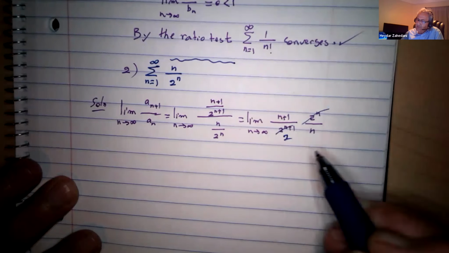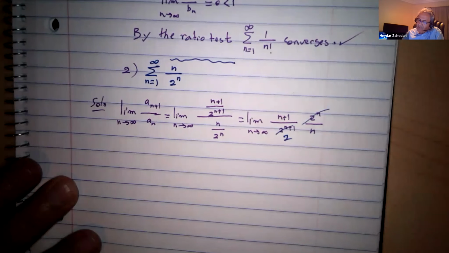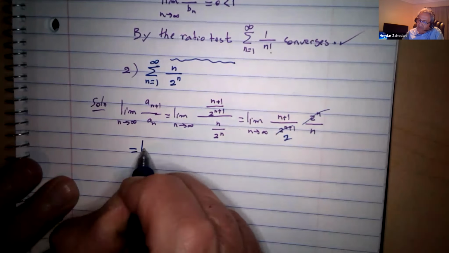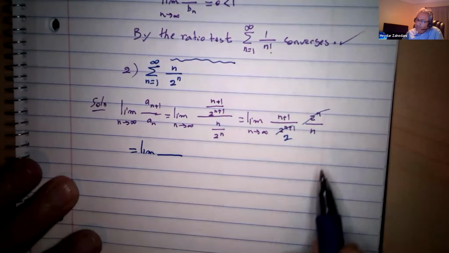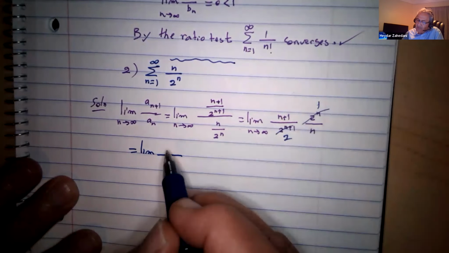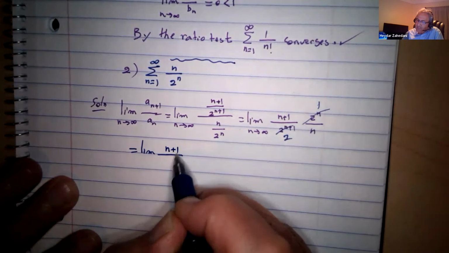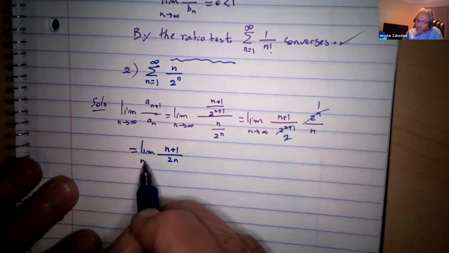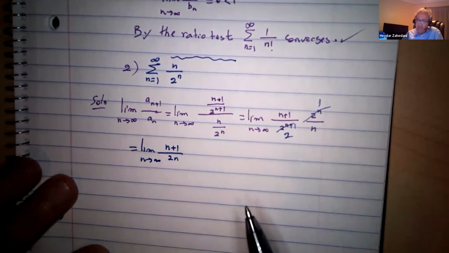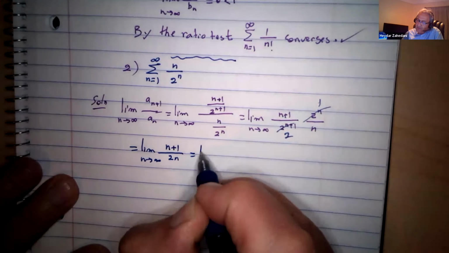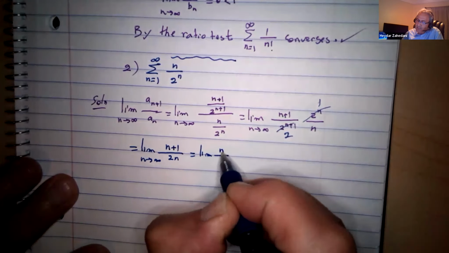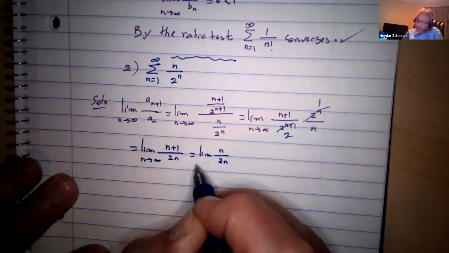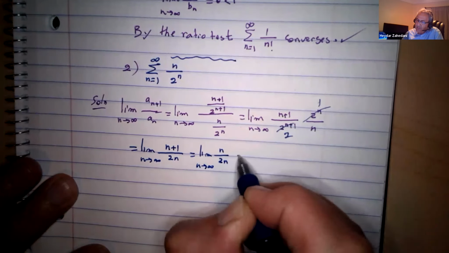So the leftover here is going to be 2. So this is going to be the limit of, on the top, you get 1 times n plus 1, and you get 2 times n, which is 2n, as n goes to infinity. You know that this limit would be 1/2, because you shrink the top into the n, and this one to the 2n, as n goes to infinity, that gives you 1/2.